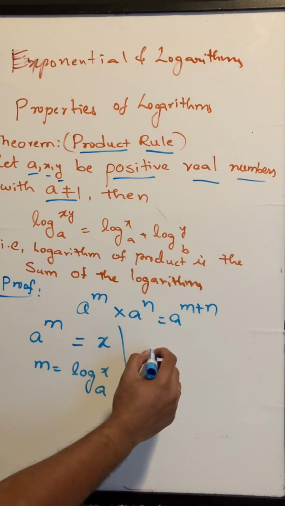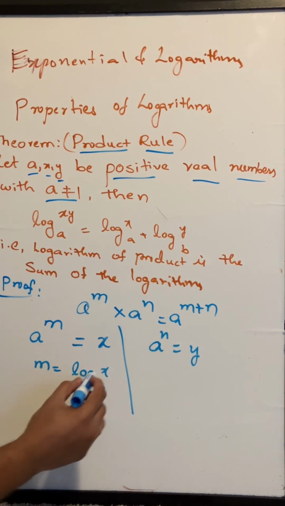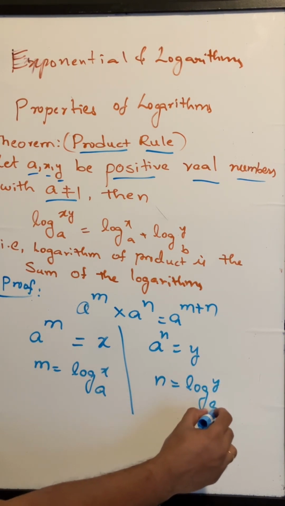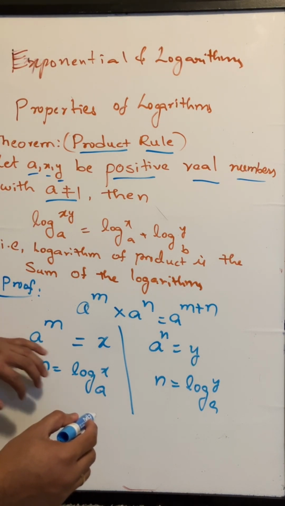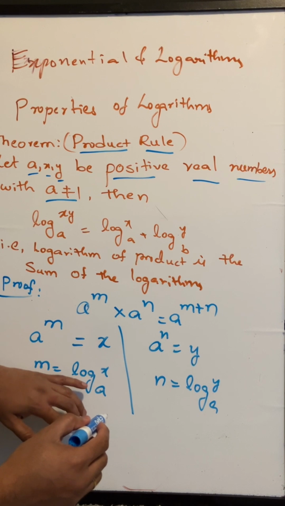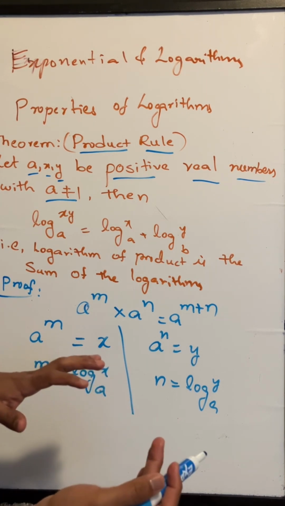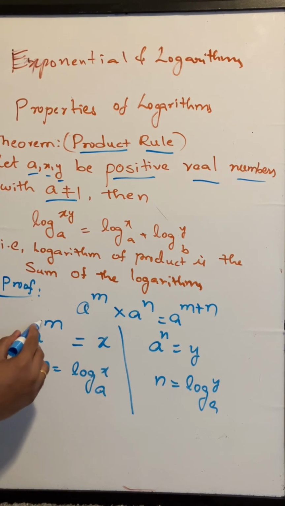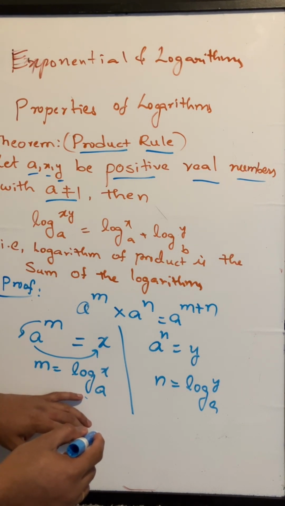Then a to the power of n equal to y. If you take this one, then n equal to log y base a. So we know that, right? When a goes on the other side, it becomes like this. When multiplication is on the left side of the equals, it goes to the right side and becomes division. Just the same thing: when a to the power of m equals x, m goes here as log x base a. It is another kind of convention we use.